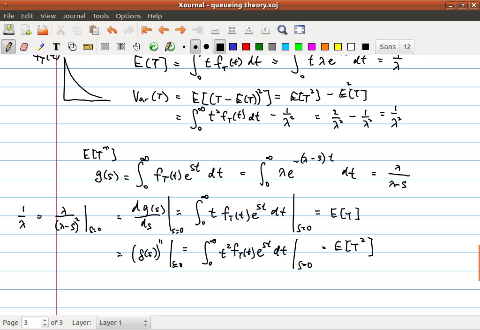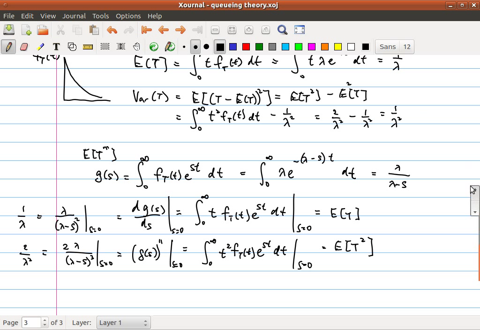And for this one, if I take the derivative twice, one more time, I have lambda minus s cubed in the denominator with a 2 here. Again, if I set s equal to 0, I have 2 over lambda squared. That's again what we were given previously, which I wrote down directly without computing it really.